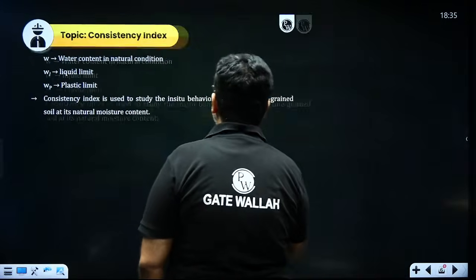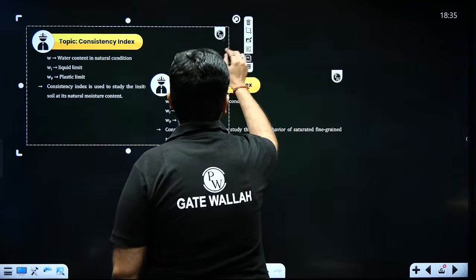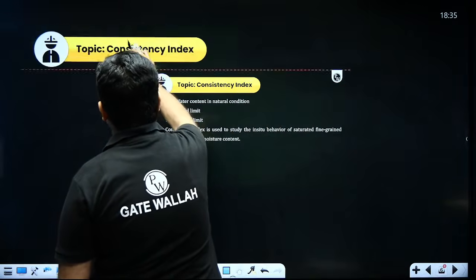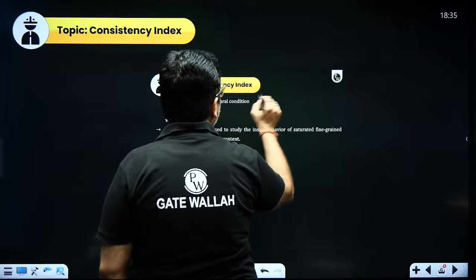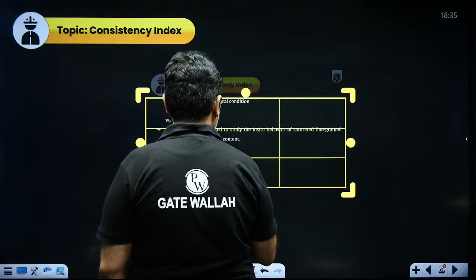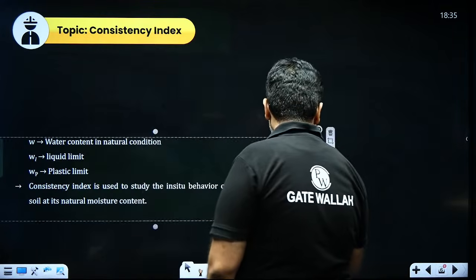This consistency index is represented by the symbol IC, and it measures the degree of firmness of soil at its natural moisture content. How it is calculated, let us see now. Please focus on the board.